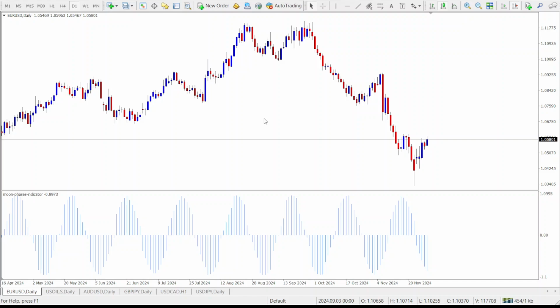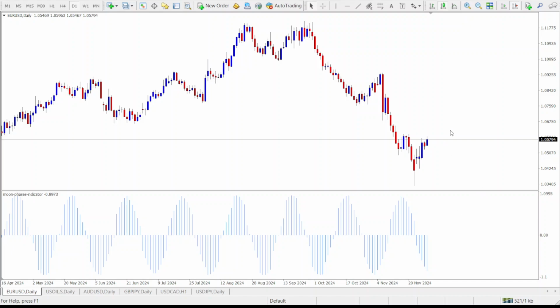Okay, now we can see that the moon phases indicator has a zero level, the midpoint, right? Above the zero level is the positive territory, and below the zero level is the negative territory.